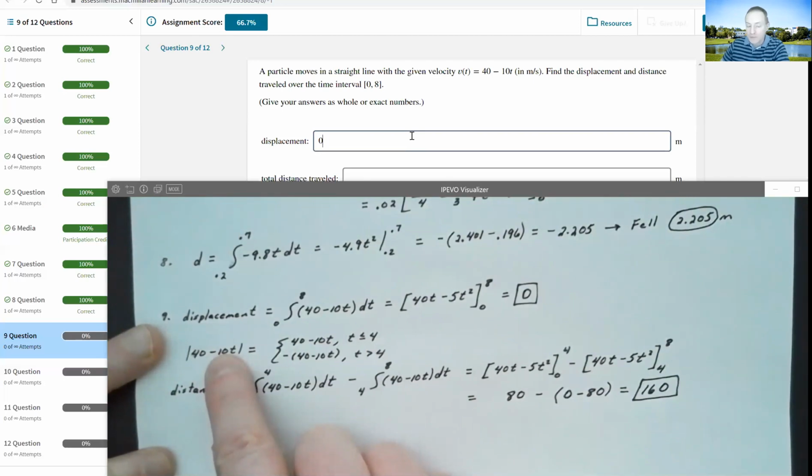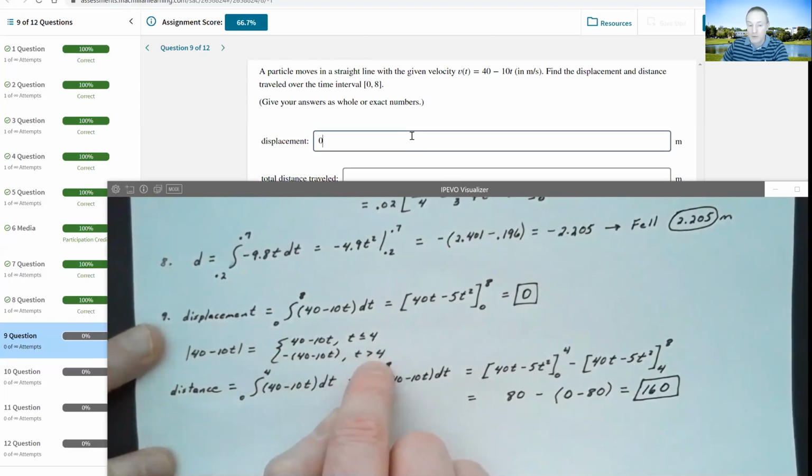However, for values after 4, your velocity would be negative. You'd have 40 minus 10 times a number larger than 4. That's going to give you a negative number. We need that to be a positive number, so the absolute value is going to change the sign of that function for any value of t greater than 4.